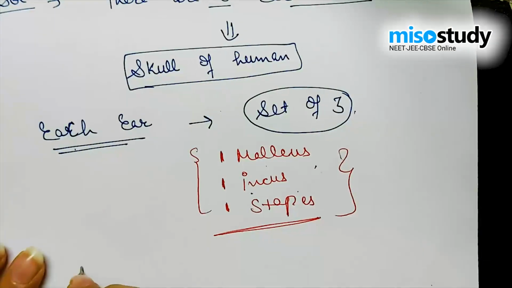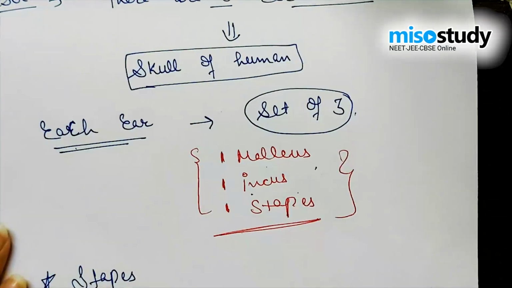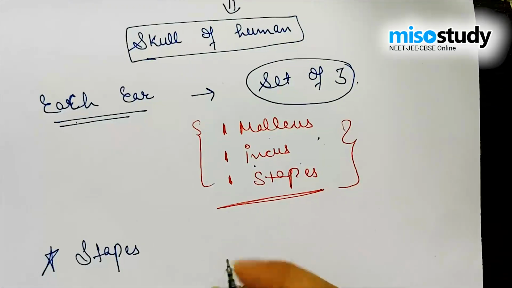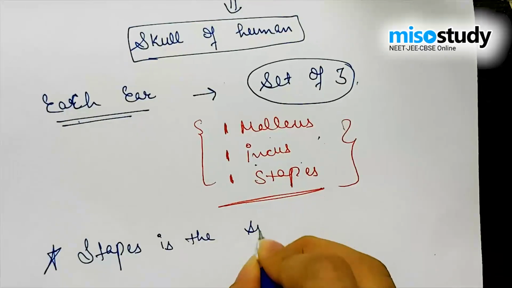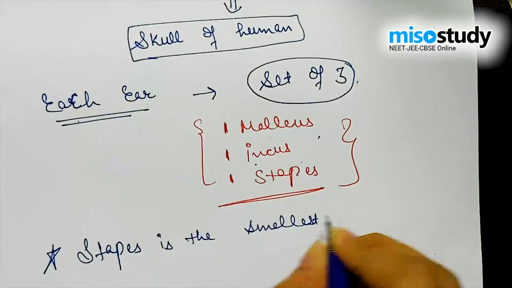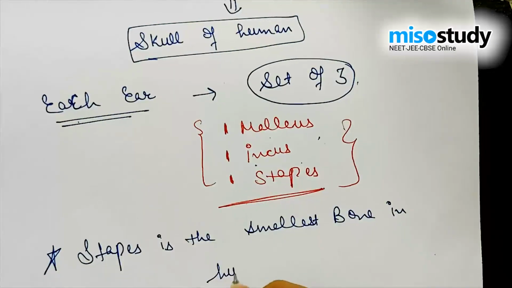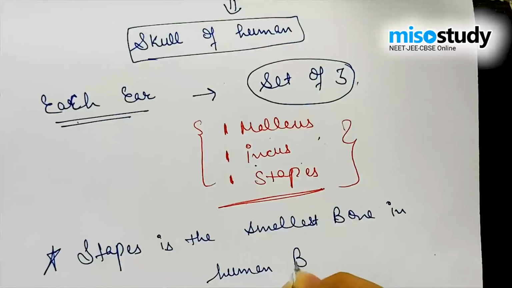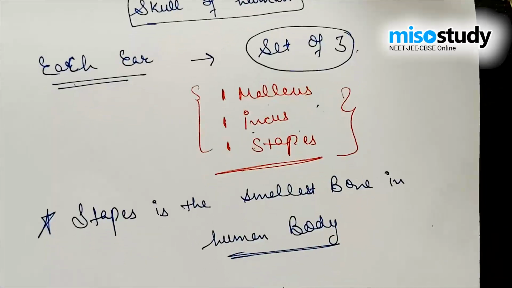And out of these, another important aspect to be noted from the given question is that the stapes is the smallest bone in the human body.